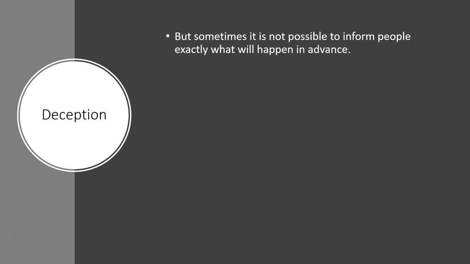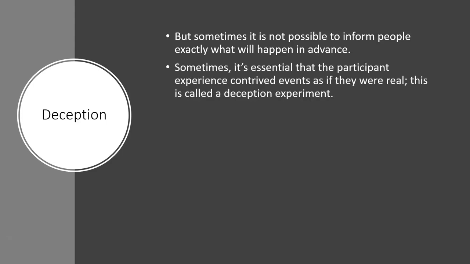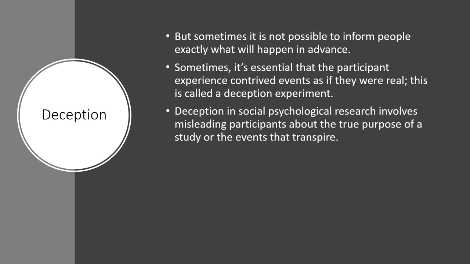So what I'm doing is being deceptive. Sometimes this is necessary to hide that hypothesis so that you don't bias subjects' behaviors in a direction that you don't predict. So sometimes participants need to be told some contrived version of the events so that you can protect the integrity of the study.